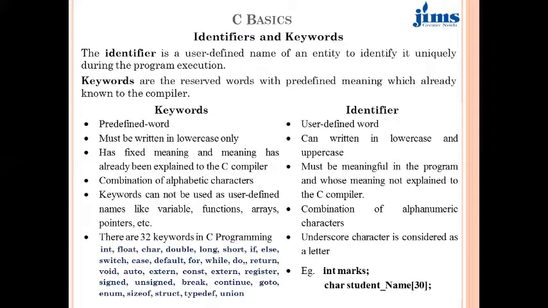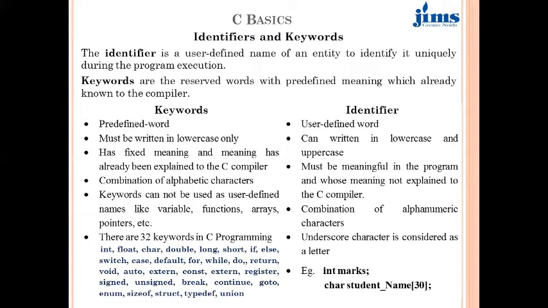But an identifier can be a combination of numeric and alphabetic characters and one special symbol, that is only underscore. This is a point to be noted. Except for the underscore, an identifier will not accept any other special symbol.